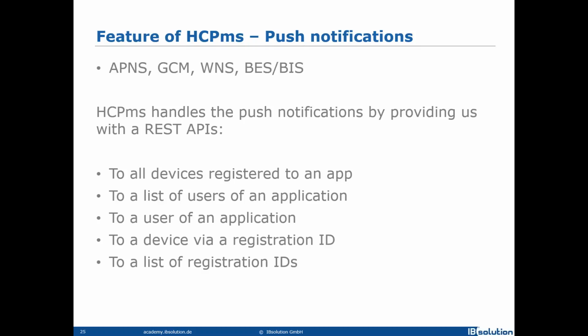So when something happens on the backend, for example, the process goes to an approval step, you want to push a notification to the owner of that device that he has an approval waiting for him. And you can use that REST API to do that. And let's hope you have time to see that also in the demo.